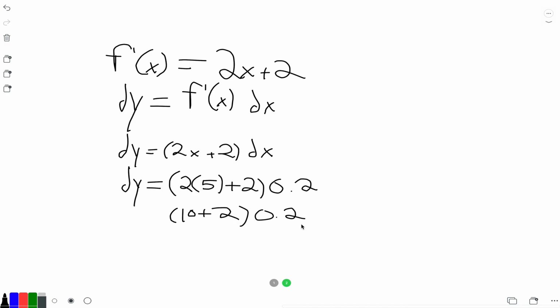Of course, if we add 10 plus 2, we get 12, which means that our final equation would be dy equals 12 times 0.2. If we multiply those together, we end up with a value of 2.4. And that is it for differentials.